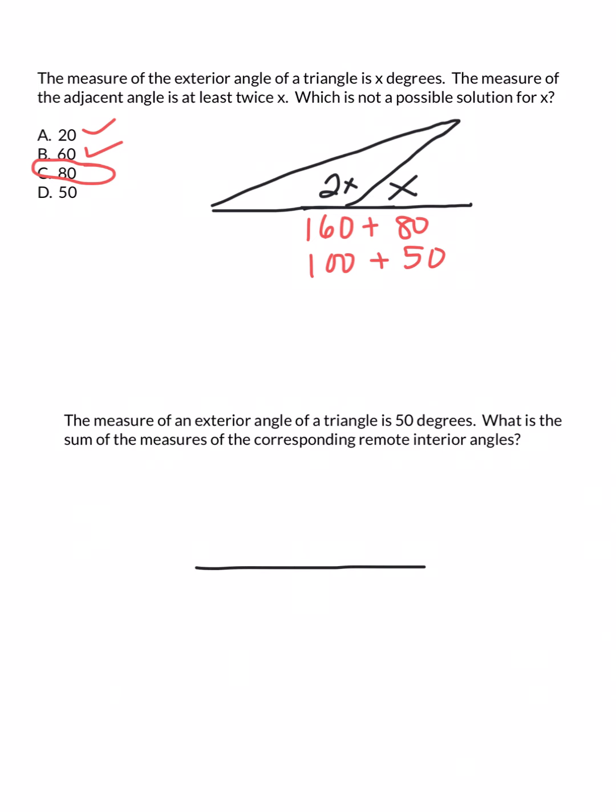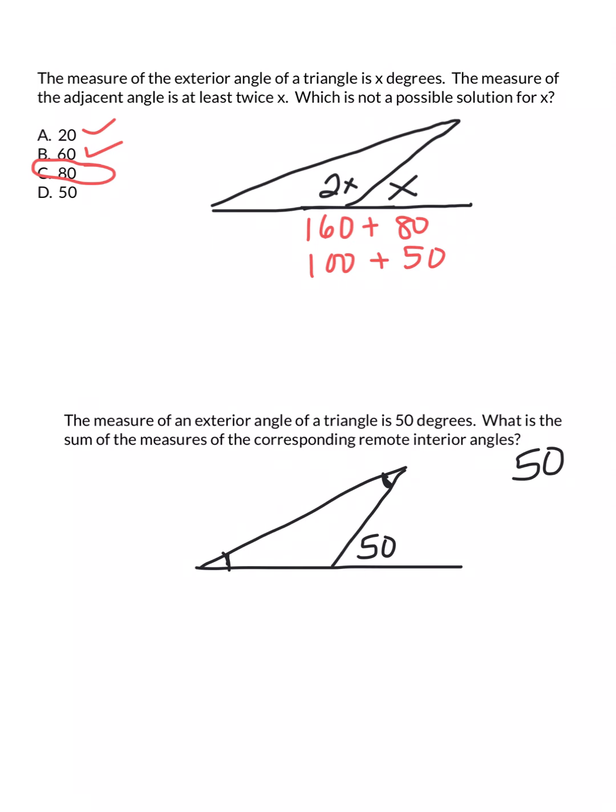I'm going to have a 50-degree exterior angle. And they want to know what the measure of this angle and this angle will add up to. Well, remember, the two remote angles that don't touch that exterior angle are what they're going to add up to. So they're going to add up to 50.